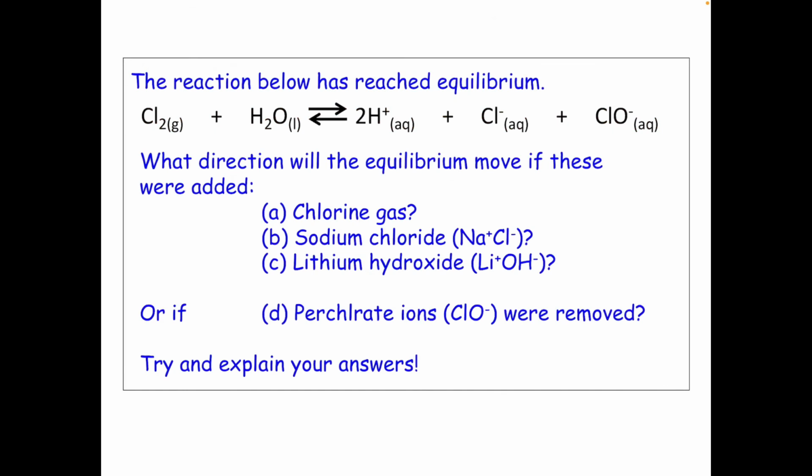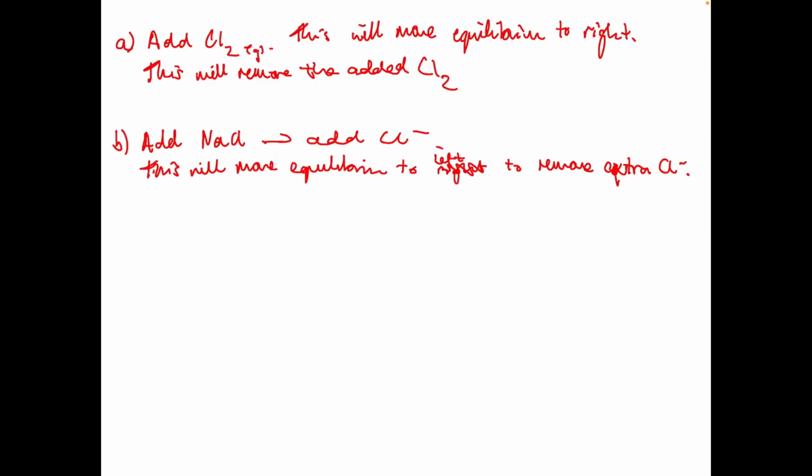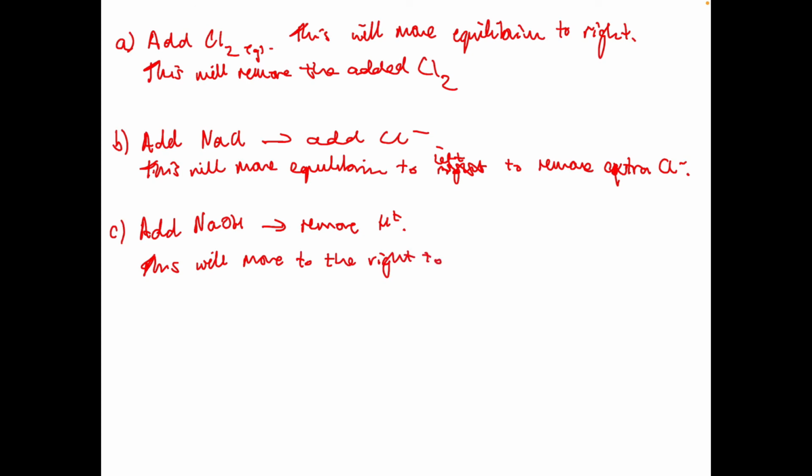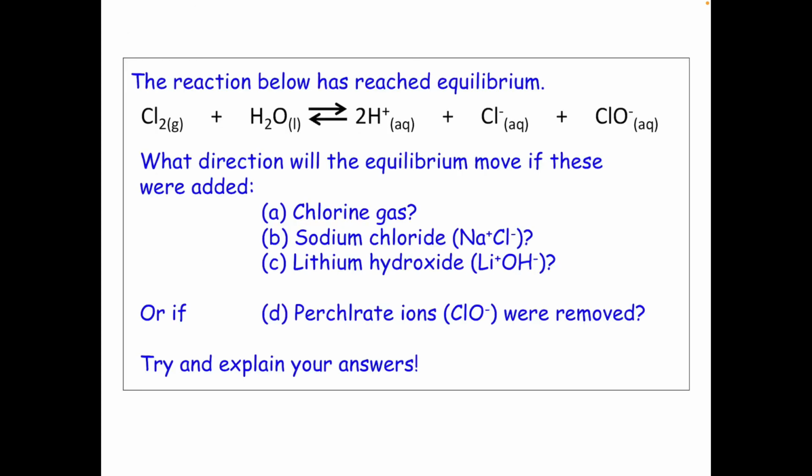If you add lithium hydroxide, it's going to move to the left because it is going to react and neutralise with the H+. So what that will do is move it to the right to replace neutralised H+.